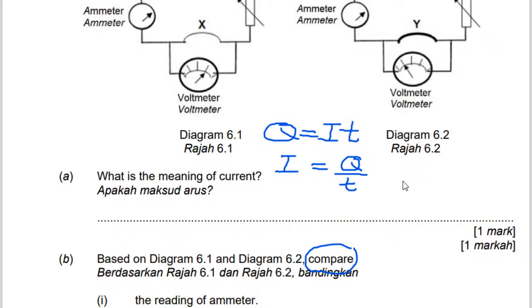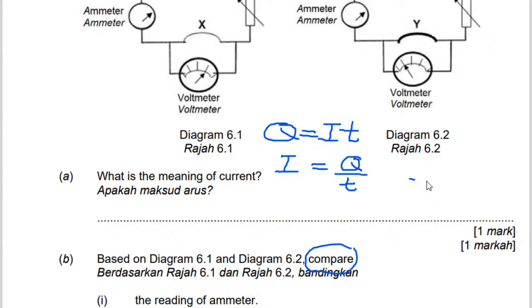If you write just like this, I = Q/t, they don't give marks. Why? Because we don't understand Q, we don't understand t. So you should write, where Q is the charge flow and t is the time. Then only can marks be given.